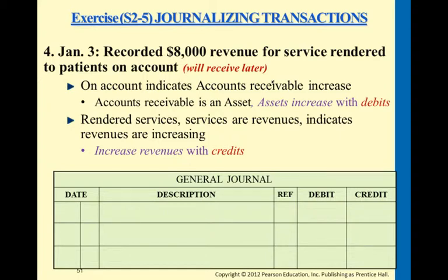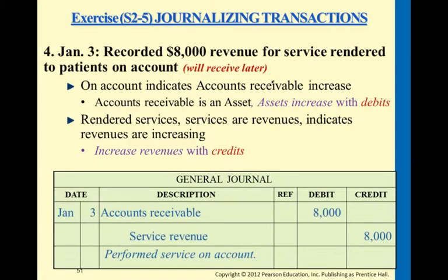So what does this on account here represent? And revenue $8,000. So which one will be recorded first? Accounts receivable would be debited, so it would be recorded first. Yes.